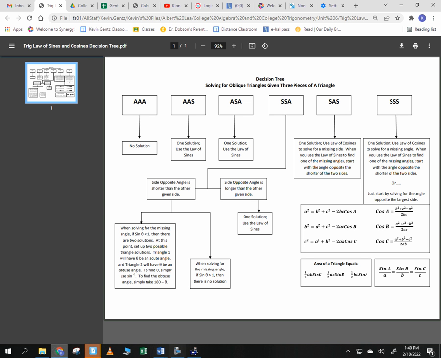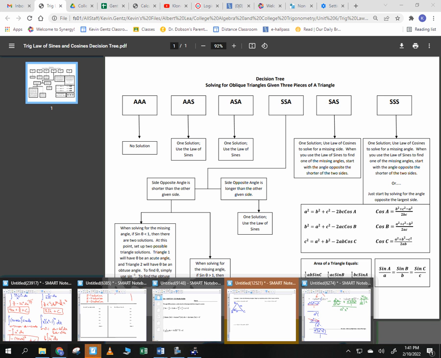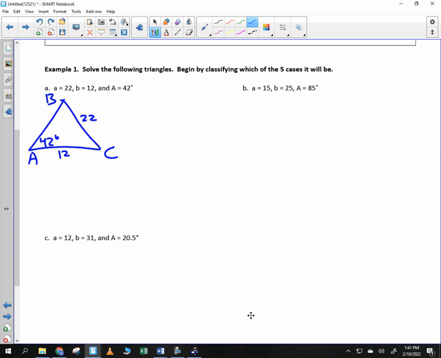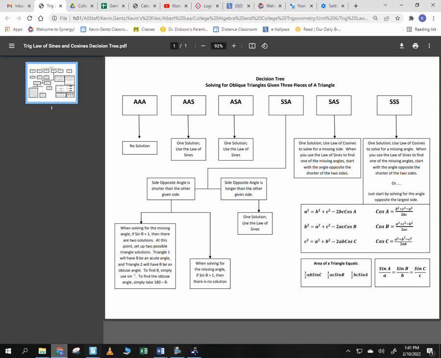It says side-side angle. I go down here, and it says, is the side opposite the angle longer than the other given side, or is the side opposite the angle shorter than the other given side? Let's check it out. The side opposite the angle given, is that longer or shorter than the other given side? It's longer. And so therefore, if it's longer, you can with confidence say there is exactly one solution using the law of sines.